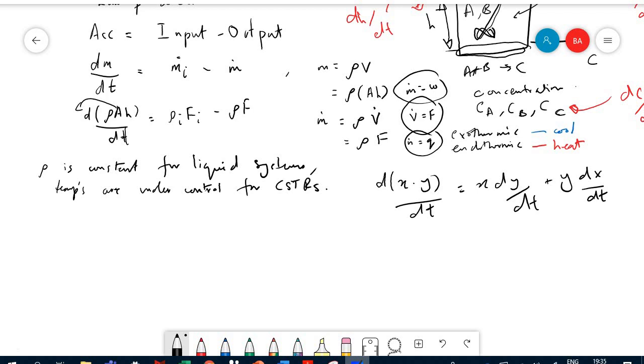Just to recall, what we're trying to say here, actually we are not taking it out of the term. We are doing this product rule. But because one of them is constant, if we say, for example, x was the one which is constant, then d of a constant value by dt is 0, because the difference in x is a constant, so there's no difference, so it will be 0.